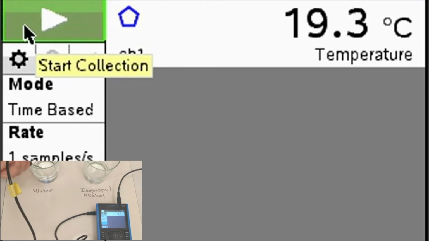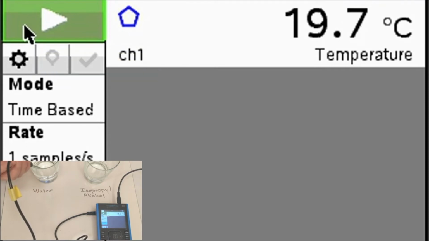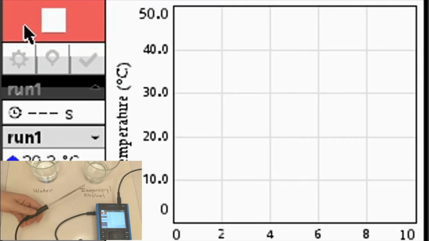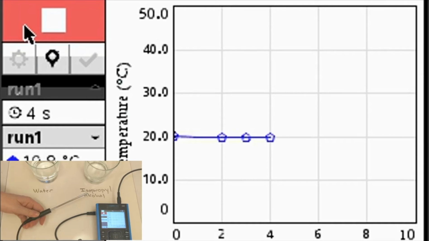I'm going to take the temperature probe and place it in the water and let it stabilize. Then I'm going to take the temperature sensor out of the water and hit the play button, which will begin the data collection. As the water evaporates off the tip of the temperature sensor, we're going to be recording what the temperature is.